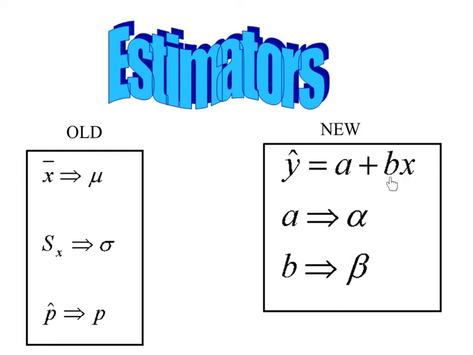And our B, our slope, is an estimator of what we call beta, which is a true relationship between the explanatory and response variable. It's that real slope of the population that relates the two variables to each other. So this is what we're really going to be testing today, is this slope and whether it exists.